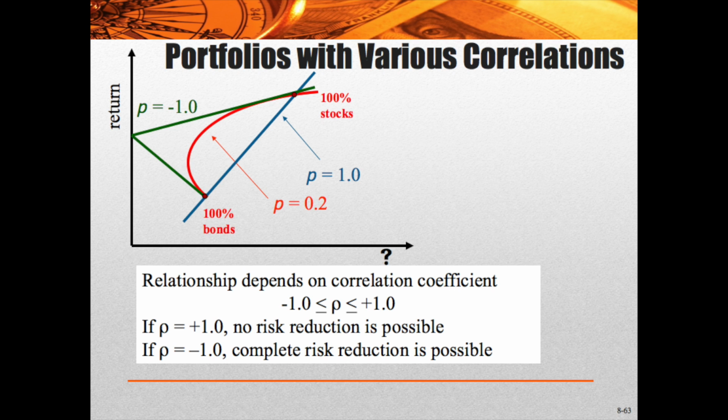The blue line is perfectly correlated, and in between is our stocks and bonds. Our stocks and bonds are neither perfectly positively nor perfectly negatively correlated. They're somewhere in between, and that gives you that curved bow feeling.